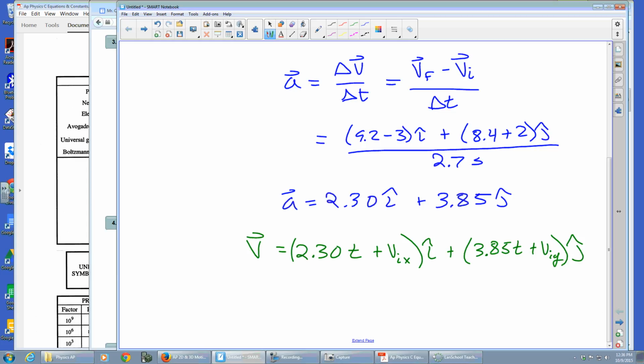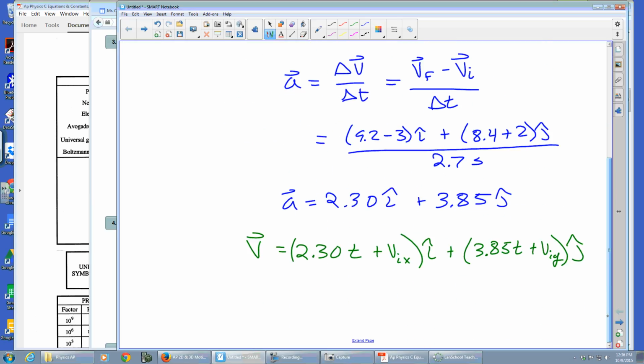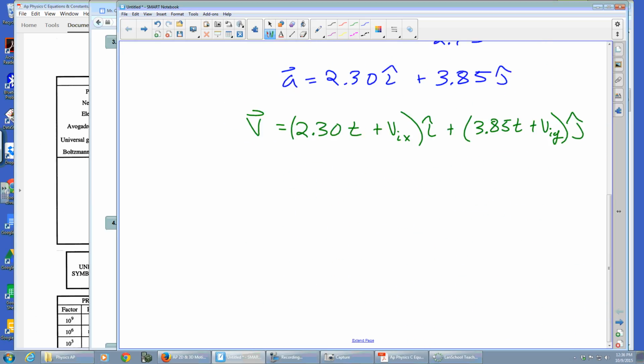It told me what I could use for those v initials, because it told me my velocity at time 0 was 3, -2, right? So I can rewrite this. This is 3, and this is -2.